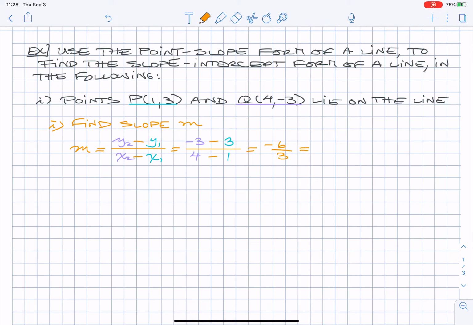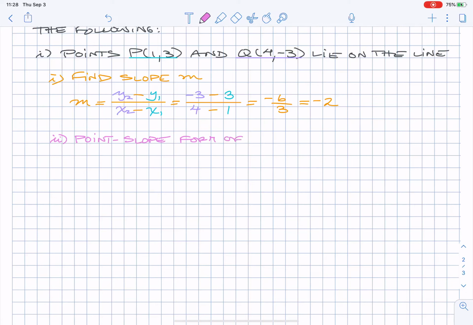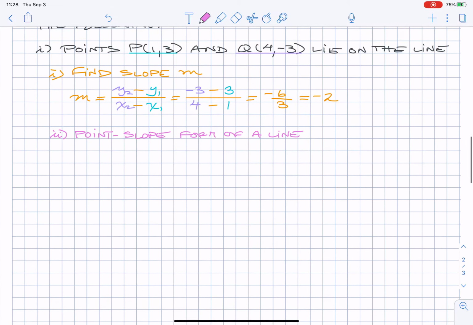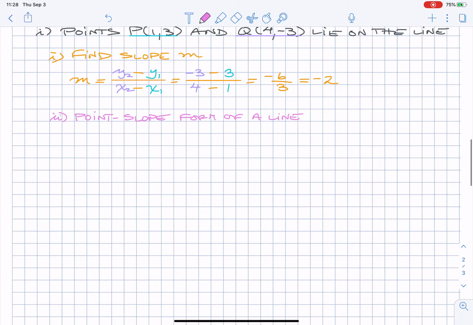So now step 2 will be point slope form of a line. So we have y minus y given.